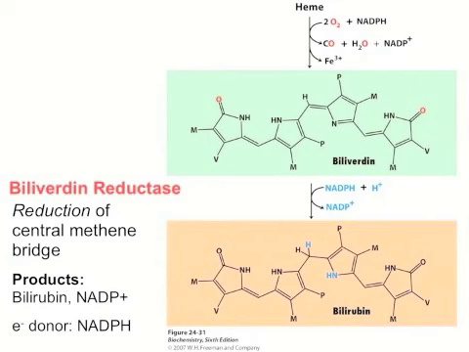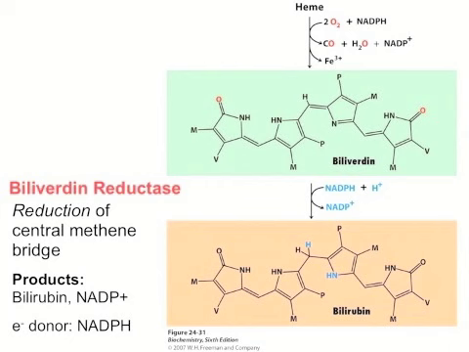The reaction in which heme is broken down to form biliverdin requires an electron carrier, NADPH. This electron carrier is going to donate electrons to the heme ring in an effort to split it. Once we have biliverdin, we're going to then reduce it through the action of NADPH again to form bilirubin.